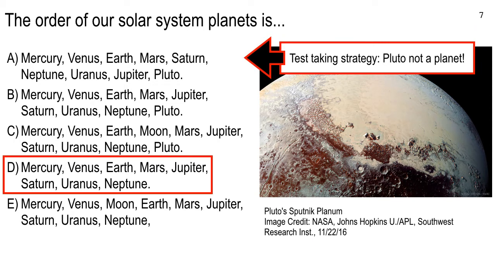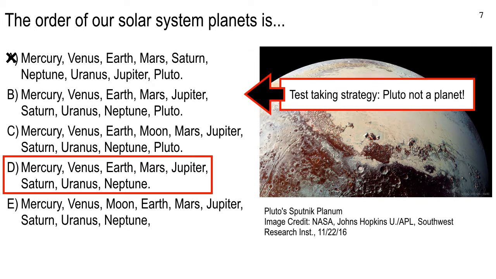Well, if that's the case, then item A, cross that off the list. Similarly, B also has Pluto on the list. So if you don't know the exact order, you can at least cross off those two. Now you're down to guessing 1 out of 3 instead of guessing 1 out of 5. So that will help you.